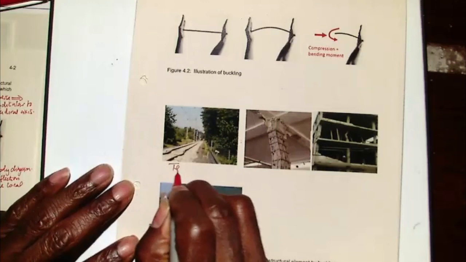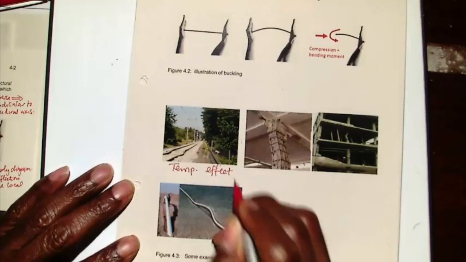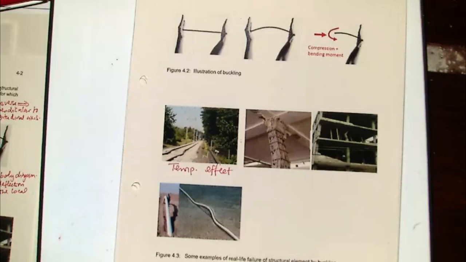So what happened is that the main track is on the floor, is bolted to the floor. If the temperature is very high, the track wants to move and expand. If it cannot expand, you develop an axial compression because the track wants to expand and you are trying to tell it not to do so.